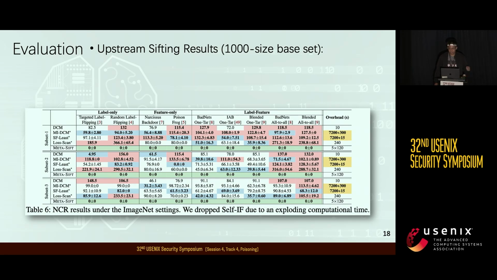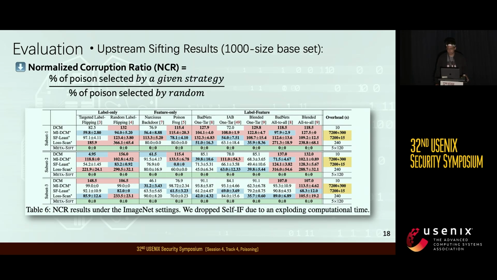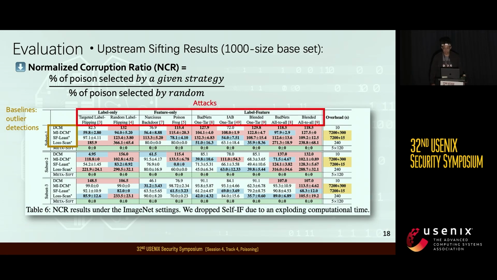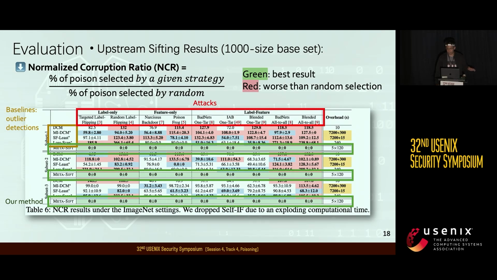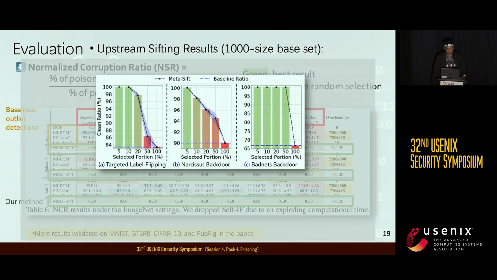All right. So we test Meta-Sift on ImageNet using the normalized corruption ratio, or NCR, metric for selecting a 1,000-size base set under different poison settings. NCR is defined as the corruption ratio of a given strategy divided by the corruption ratio produced by random guessing. Our results compared with outlier detection baselines were promising, and further results on other data sets can be found in the paper.